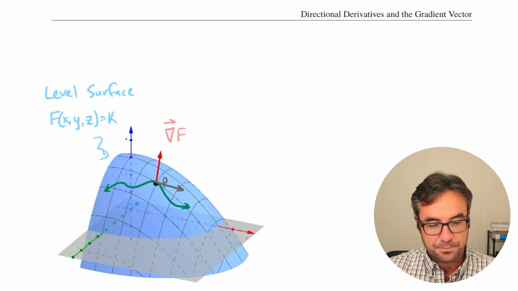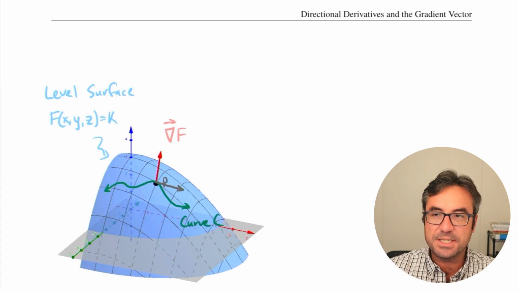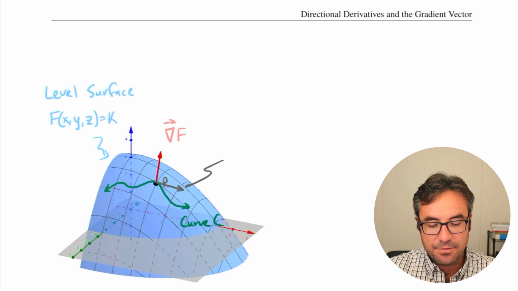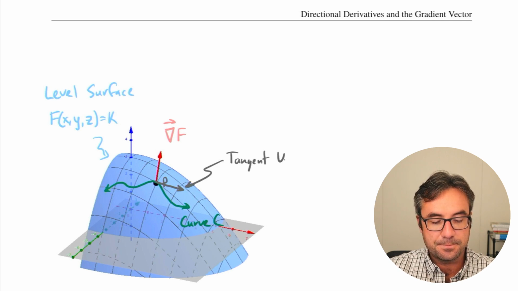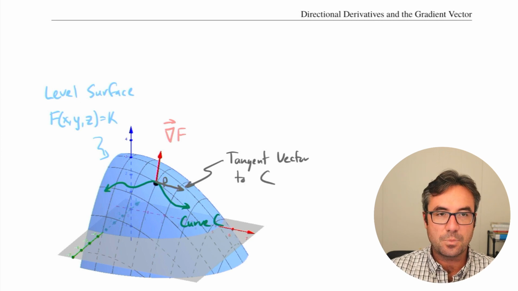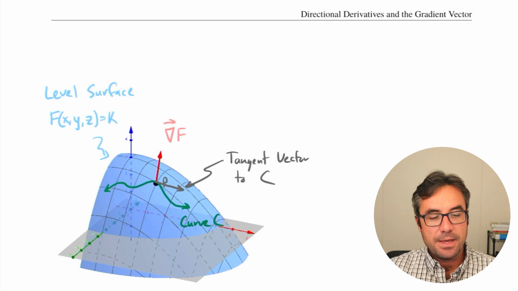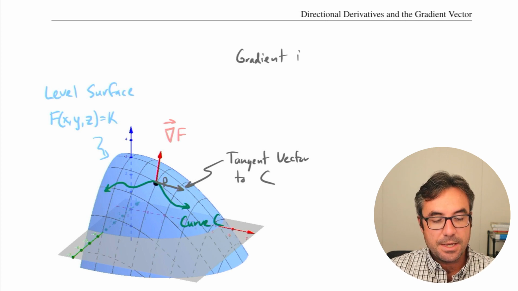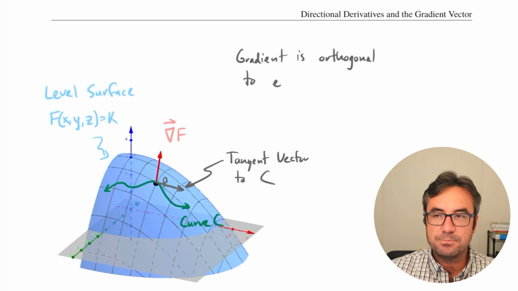So we have any curve, call it C, and then we have the tangent vector to this curve C. And so the gradient is orthogonal to every tangent vector.